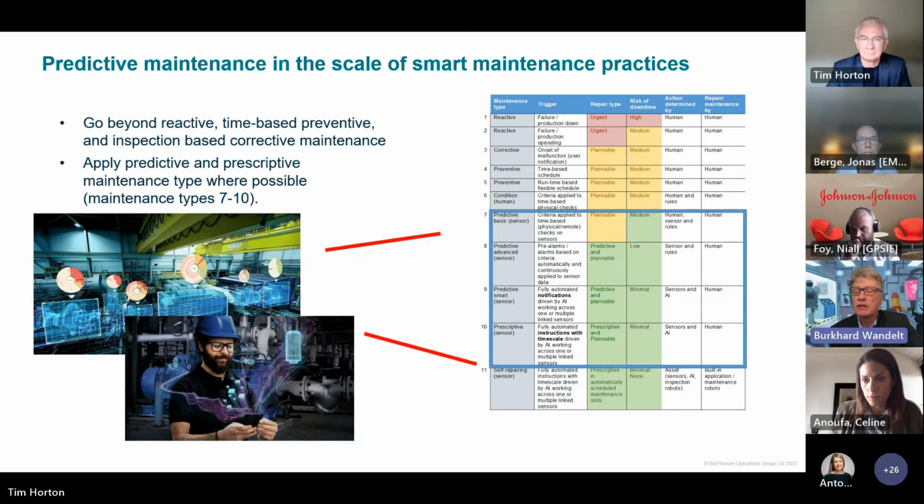We concentrate on levels 7 until 10 here, which is also the core of the section that Jonas will provide to you. Now, where are these situated with what we always did before? Therefore, please go to the next slide.